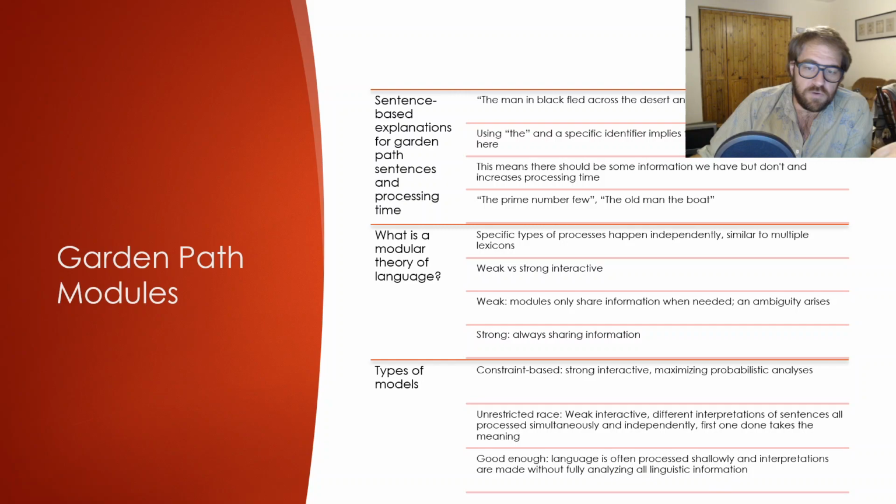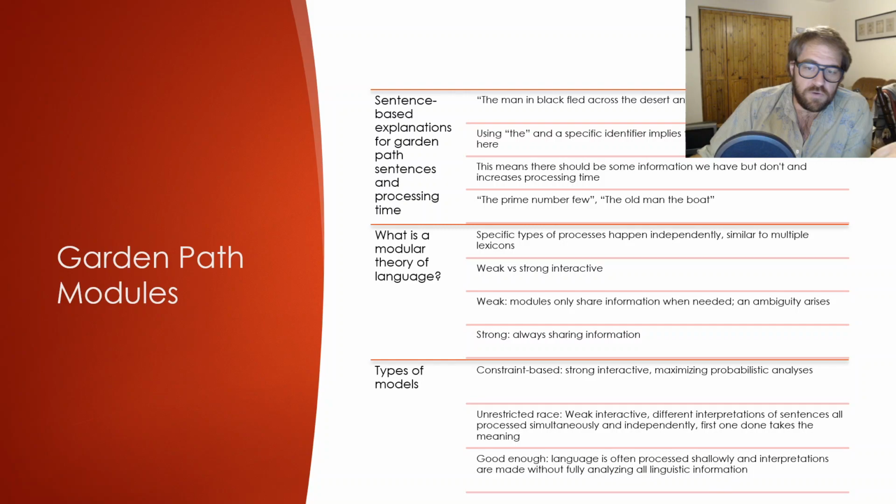We don't necessarily know this, so this is increasing our processing time. The old man the boat. Even if I add prosody into this, so you understand I'm talking about the old people man the boat. So that means they're old, and then we're contrasting that with the young people. So for some reason, it's important that the old people are manning the boat. So this is what is increasing processing time.